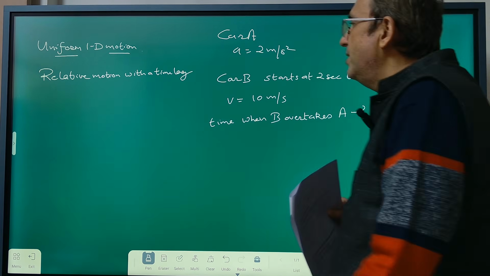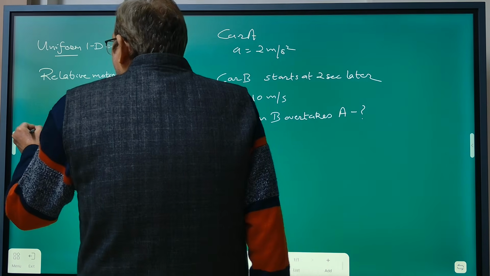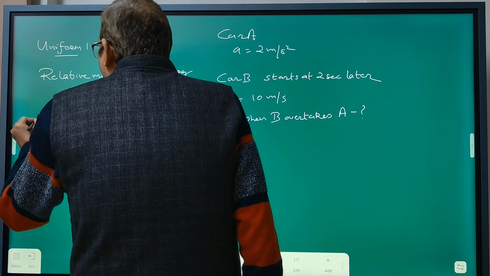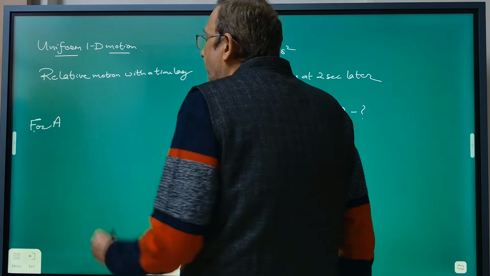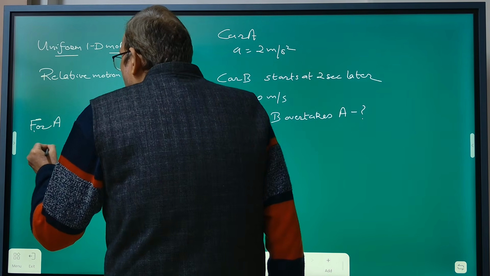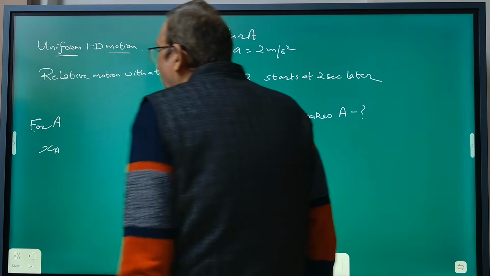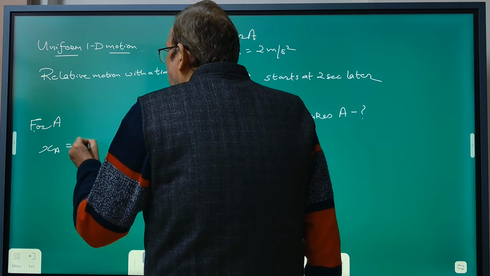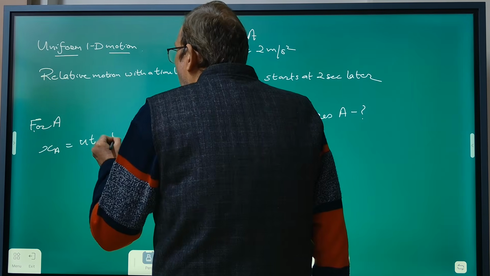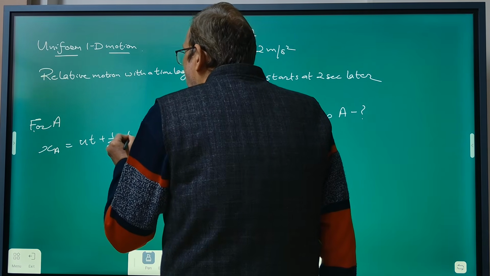So let us say for A, the distance covered x of A is given by this equation of motion, ut plus half at square.